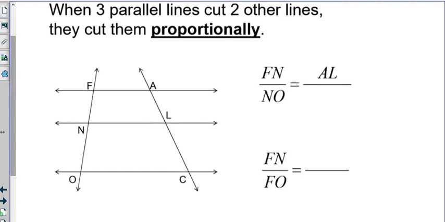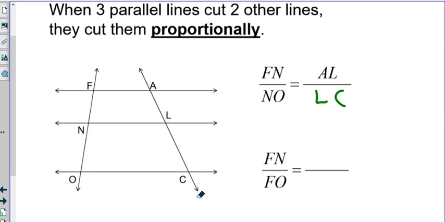So there's a ratio going on. So FN, which is this small piece here, is proportional to NO the same way AL is proportional to what? LC. Okay?